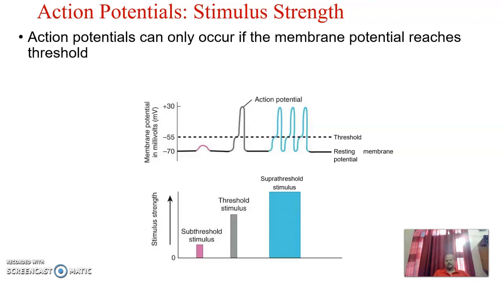Both electrical and chemical gradients favor the inward movement of sodium ions and outward movement of potassium ions, that is influx of sodium ions and outflux of potassium ions. The flow of sodium ions changes the membrane potential from minus 55 millivolts to 30 millivolts. At the peak of the action potential, the inside of the membrane is 30 millivolts, that is more positive than outside.